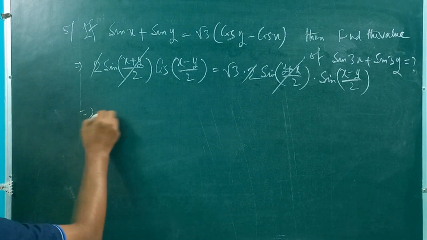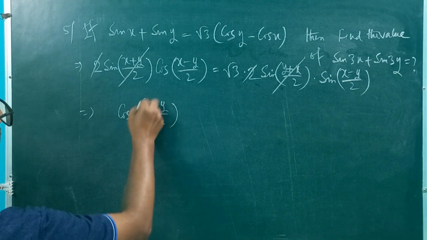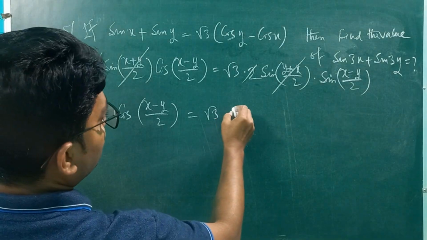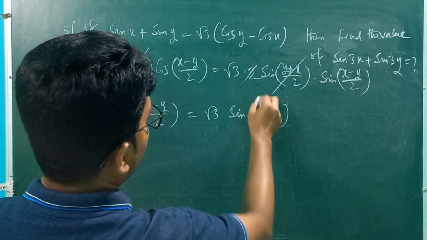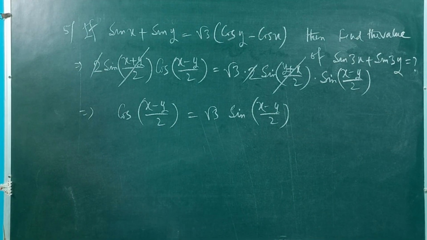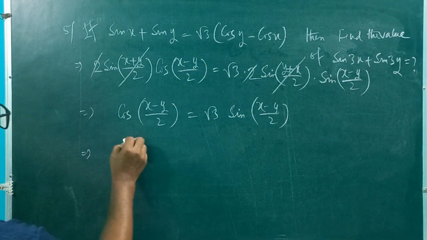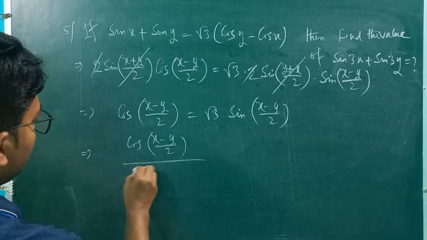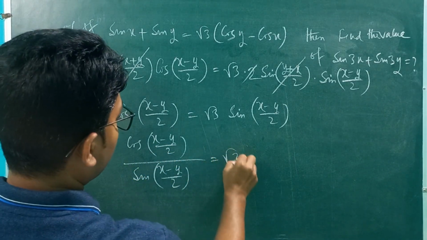Then what you will get? Cos x minus y by 2 equals root 3 into sin x minus y by 2. Now take this sin to the left hand side, then cos x minus y by 2 by sin x minus y by 2 equal to root 3.